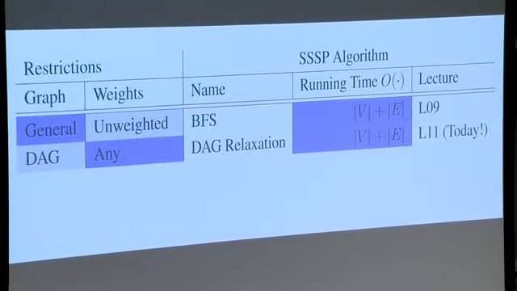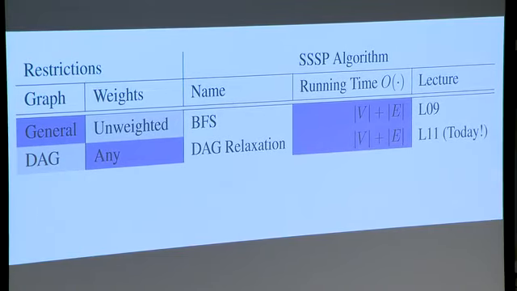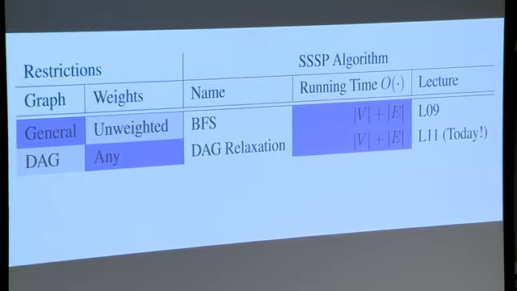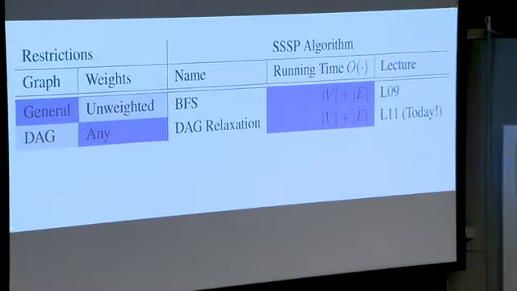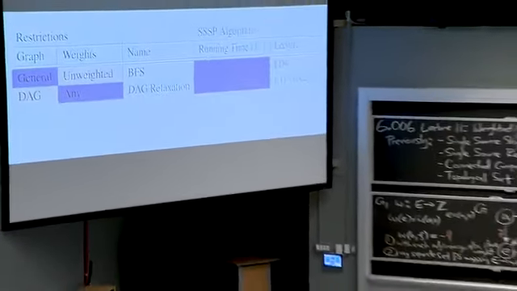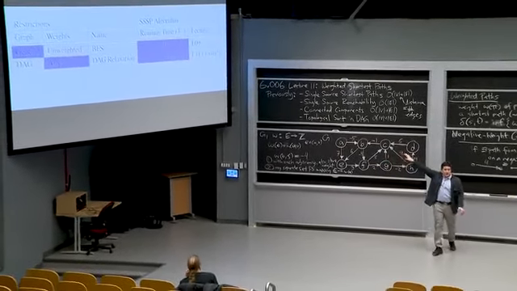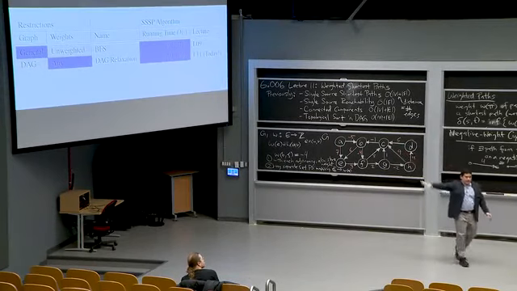Remember with BFS, we needed to restrict our edge weights to be positive and maybe bounded to get this good running time. For any set of edge weights, if our graph structure is a DAG, it really has nothing to do with the weights. If the graph structure is a DAG, then we can actually solve this single source shortest paths problem in linear time, which is pretty awesome.